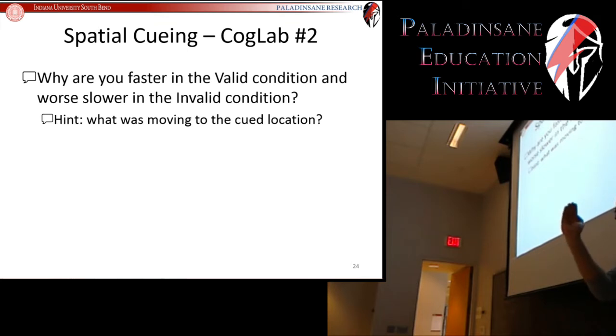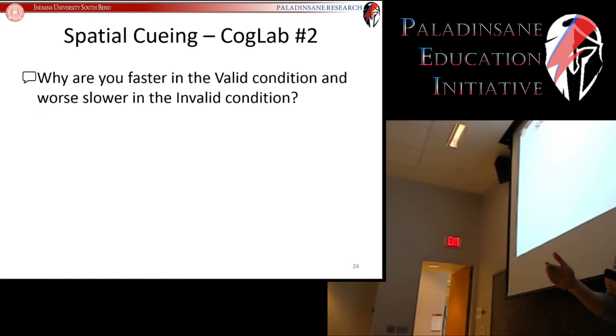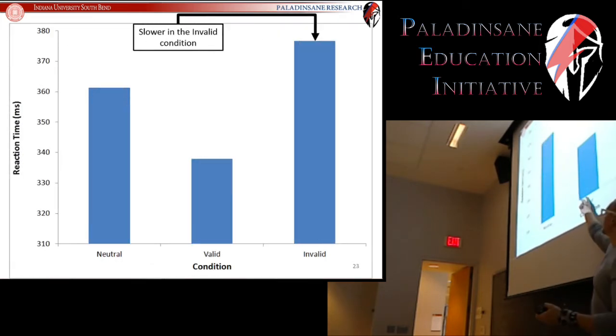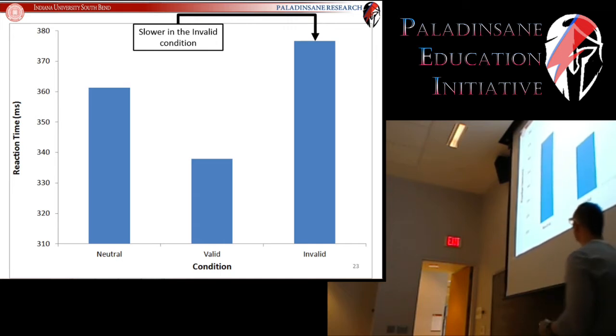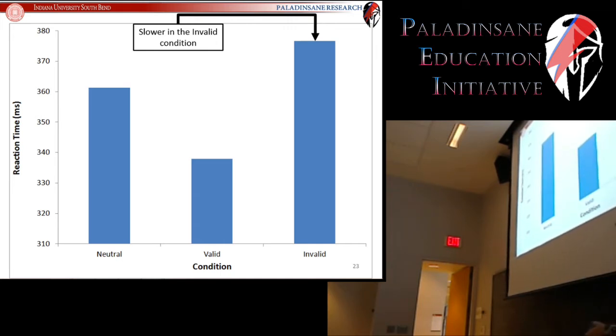And then once that target appears, your covert attention is there, you've selected that area to process, and you're very quick at making that detection. You're very fast at making that detection because your attention is already there. On the other hand, in the invalid condition, the arrow points one way, you move your attention, you're waiting for the target, and then all of a sudden it appears at the other end of the screen.